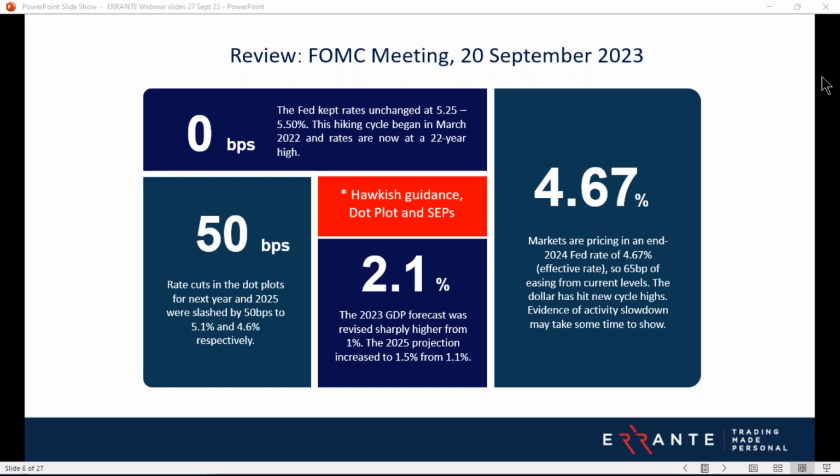Basically, Powell made it clear that the more upbeat outlook warrants maintaining rates higher for longer. That is what we've been talking about for a long time. He maintained that, and that was certainly visible in the updated rate projections.